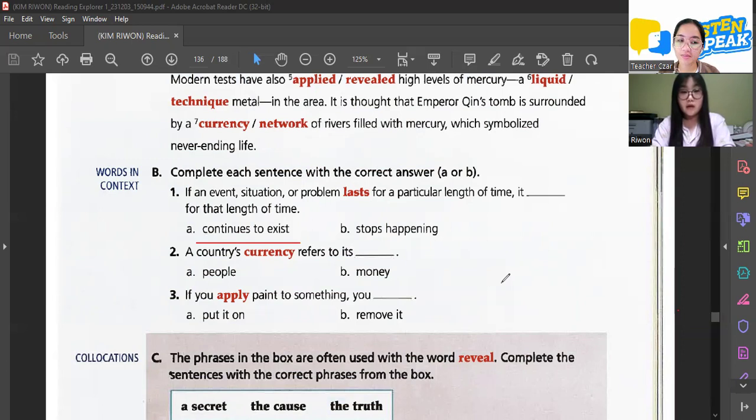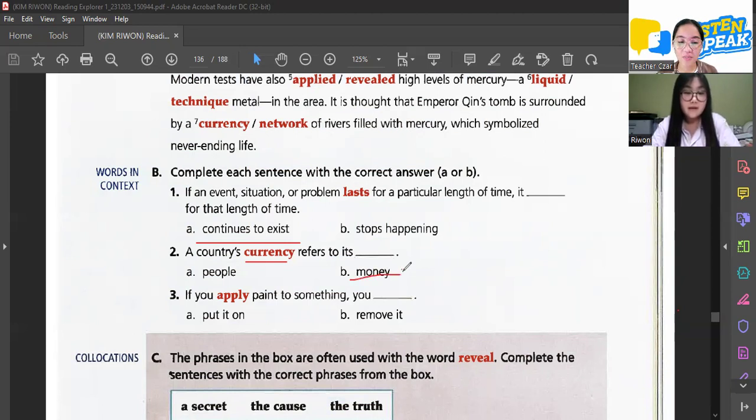Very good. A country's currency refers to its people. Currency. Money. I was confused with the population. That's why. Okay, don't worry about it.